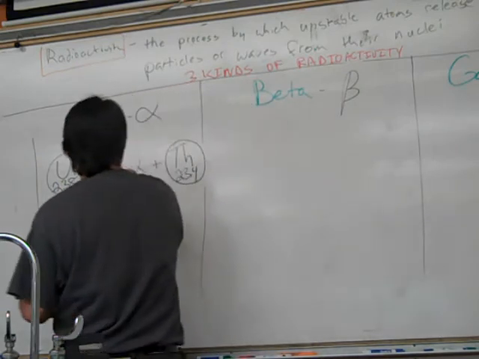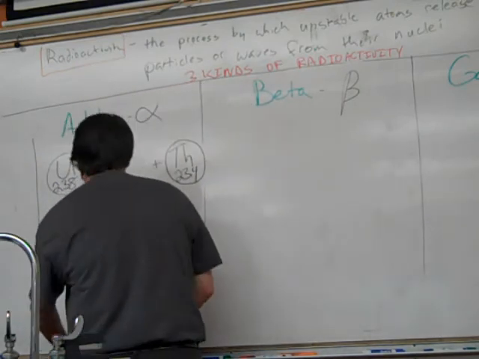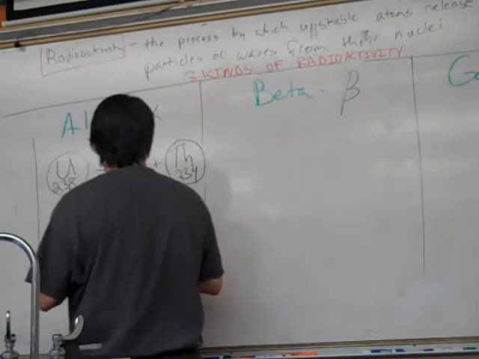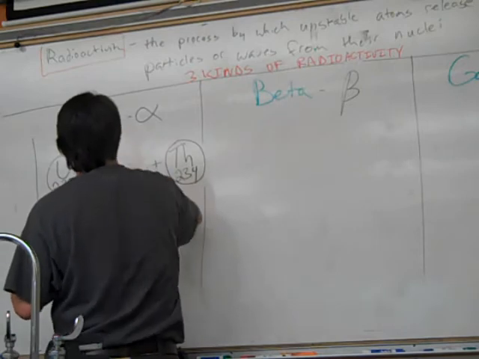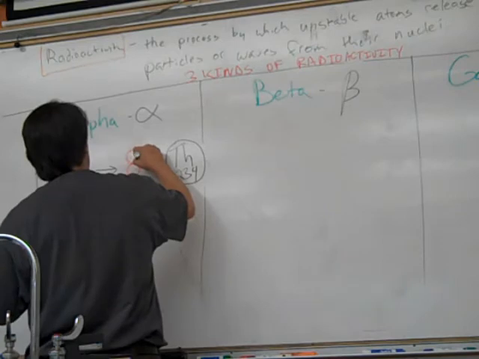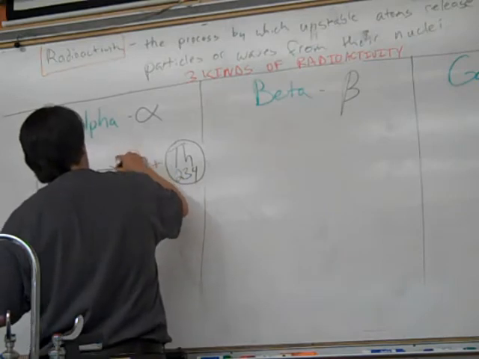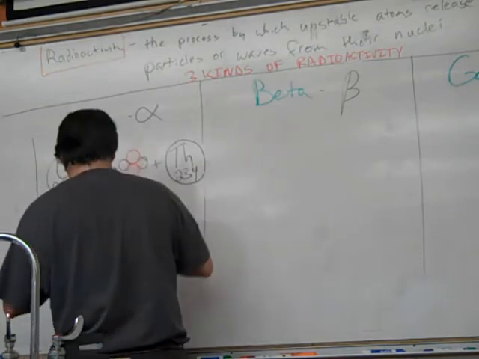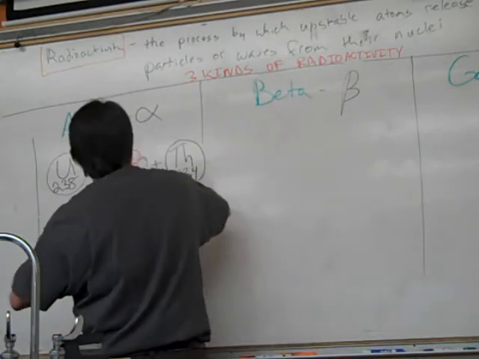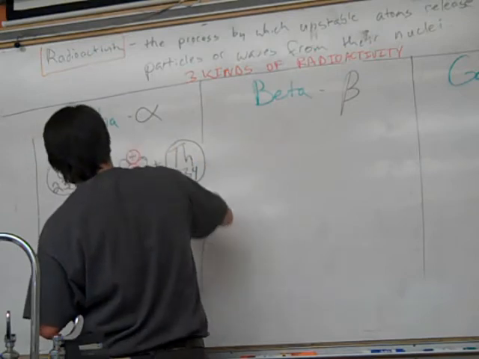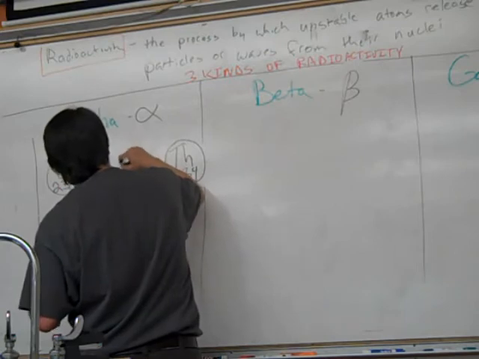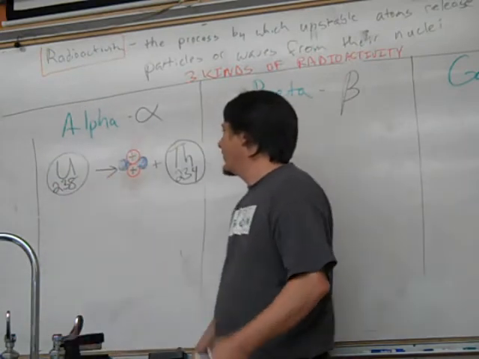In fact, I'm going to draw a picture of an alpha particle before I tell you about it chemically. It is composed of, and I know it's much bigger than it really is relative to the rest of the atom, 2 protons and 2 neutrons. So this is the bullet that comes out of the gun here. This is the particle.